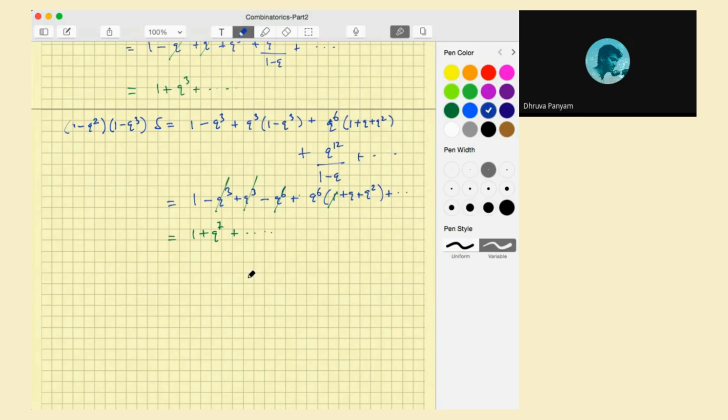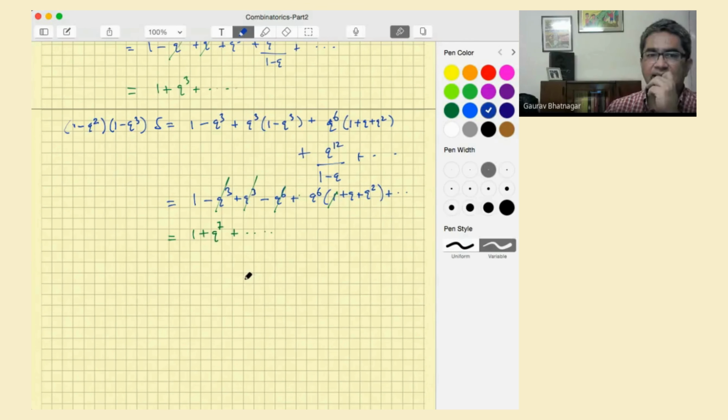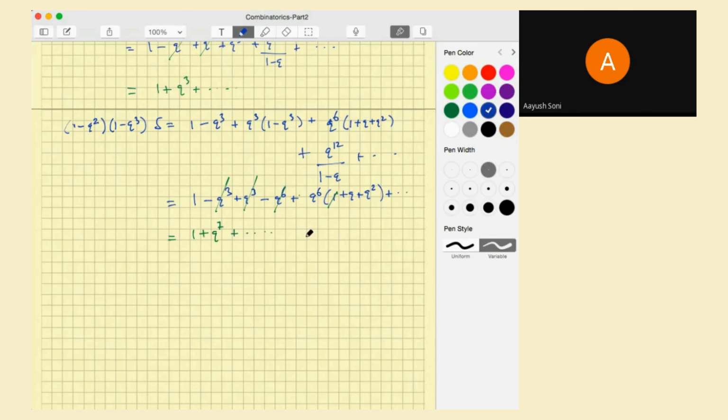And we go step by step. Yes. But are you clear that you're getting 1 plus q raised to 7 plus some higher term? Professor, I am still kind of calculating. So can I get half a minute, please?